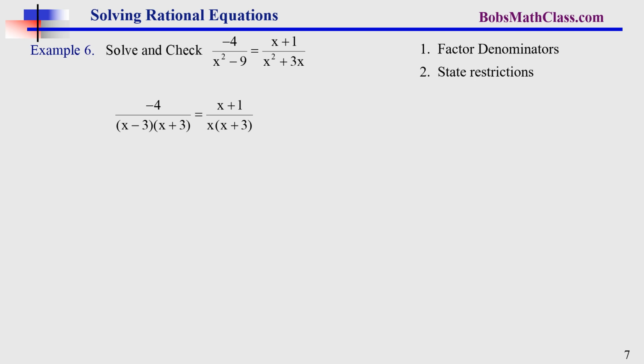What are our restrictions? Well, x cannot be 3. It cannot be negative 3. And one more number. That x that's on the right fraction cannot be 0. So when we set them all equal to 0, we get x equals 0, negative 3, and positive 3.